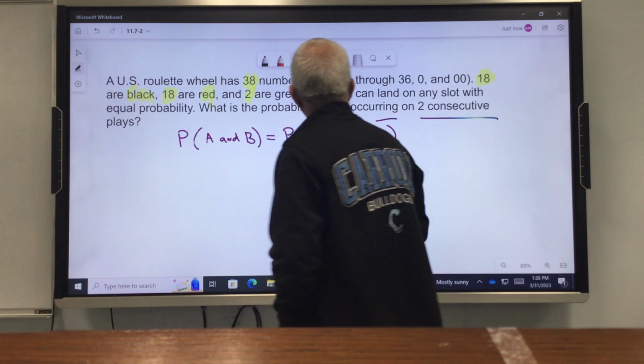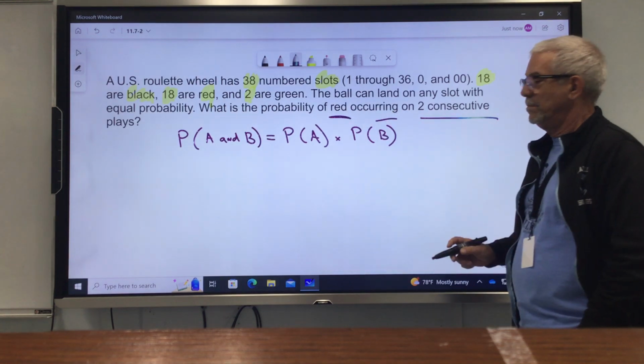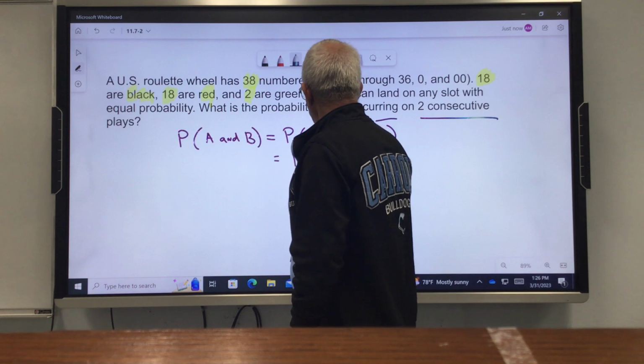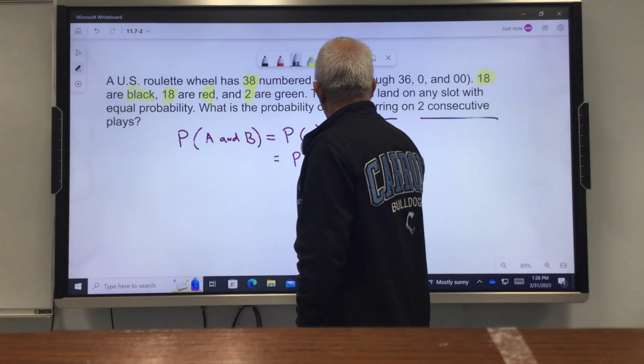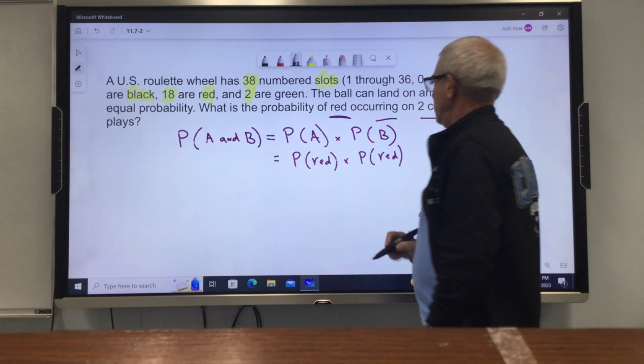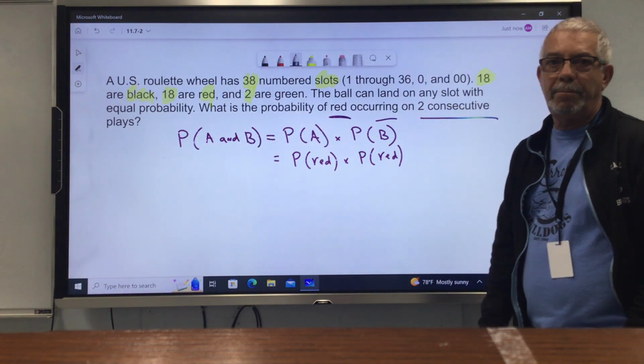But in this case P(A) and P(B) are the same because it's red. So I need to find P(red) multiplied by P(red) again, because it's 2 consecutive times.